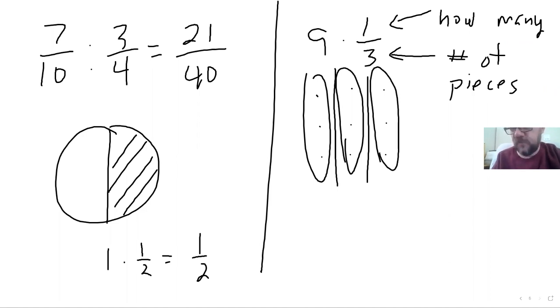And then I want one of those 3 pieces, so I just pick one, right? Here's the one I picked, that one right there. And there are 3 things in there. So that means that 1/3 of 9 is 3. So 9 times 1/3 is 3.